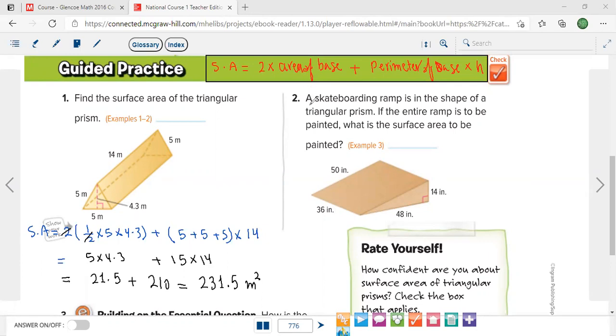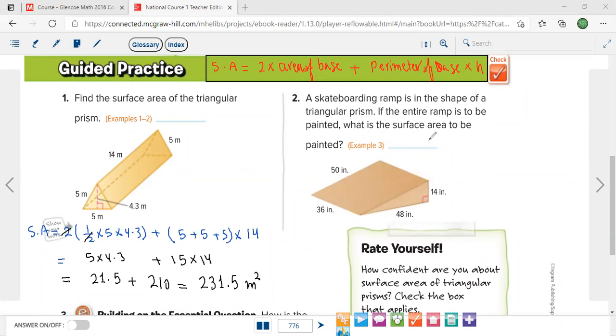Problem 2. A skateboarding ramp is in the shape of a triangular prism. If the entire ramp is to be painted means we need to find surface area. To be painted. What is the surface area? What is the surface area to be painted? Same rule.